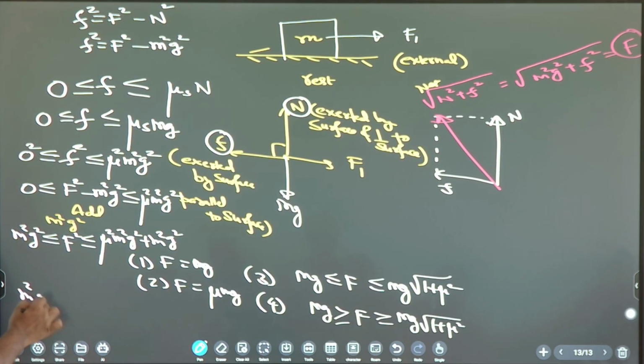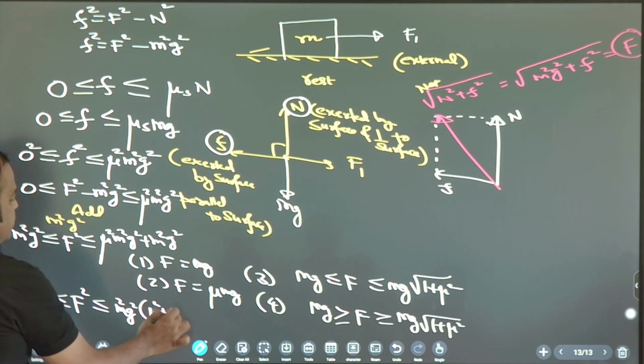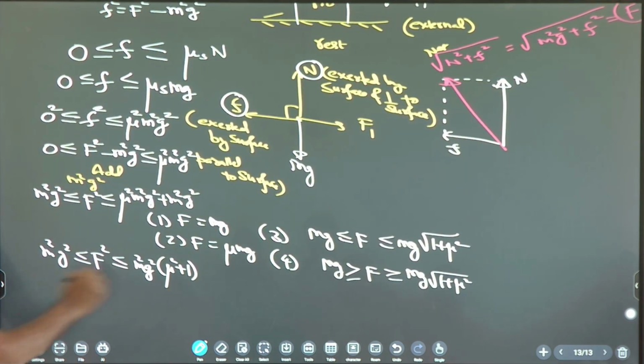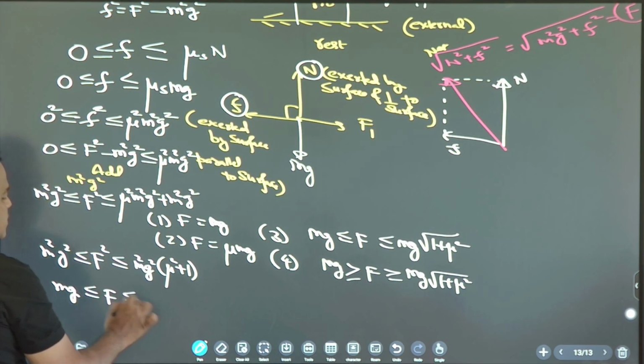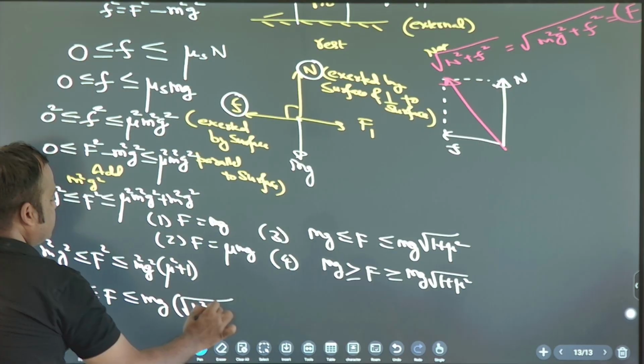So m square g square less than equal to F square less than equal to m square g square common, mu square plus 1. Now take a square root on all the sides. So mg less than equal to F less than equal to mg under root mu square plus 1.